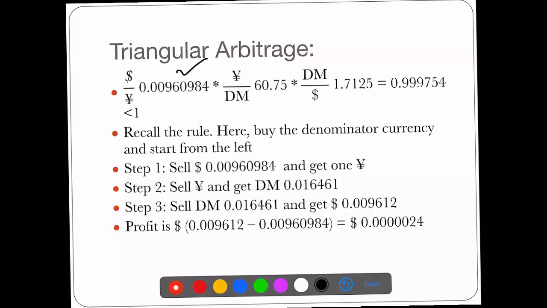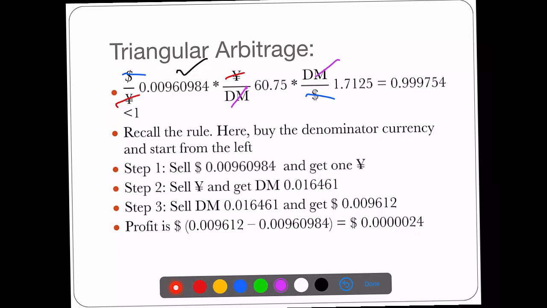And then for the second exchange rate, you can see it's yen versus Deutschmark, 60.75 yen in order to buy 1 unit of the Deutschmark. So the Deutschmark is the base currency. And finally, you have 1.7125 Deutschmark in order to buy 1 unit of the dollar. So this yen will cancel with this, dollar will cancel with this, and this Deutschmark will cancel with this.